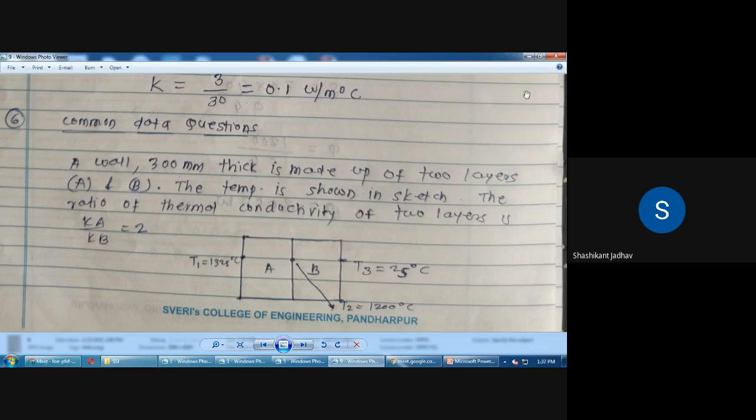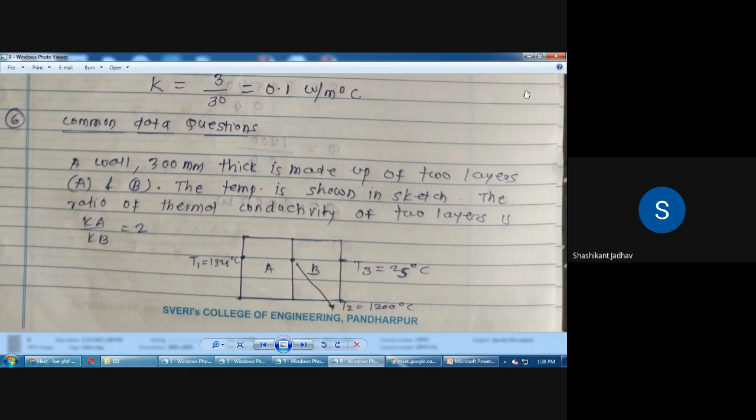Thickness of two layers. That means we have to find the ratio, the ratio of thickness of two layers. We have to calculate the thickness of section A and thickness of section B and find the ratio of these two layers. And second, what is the thickness of layer A?